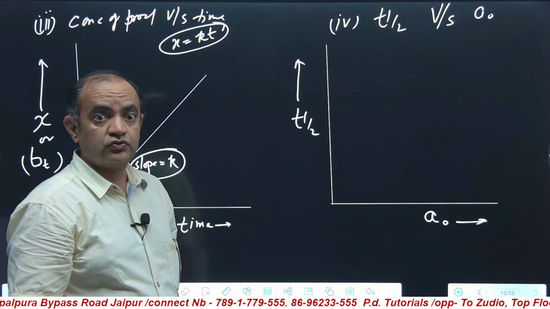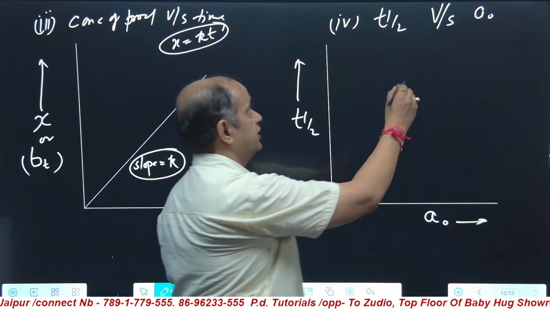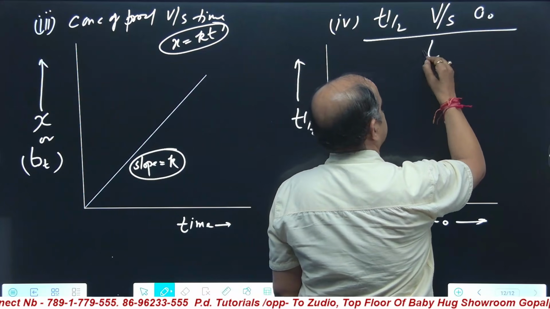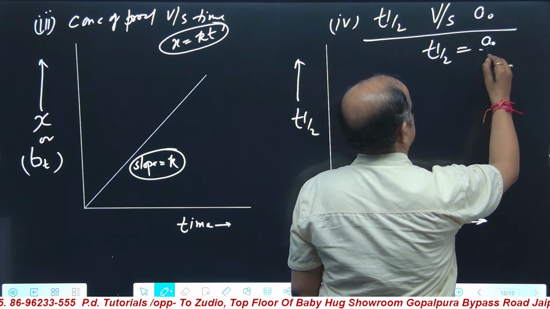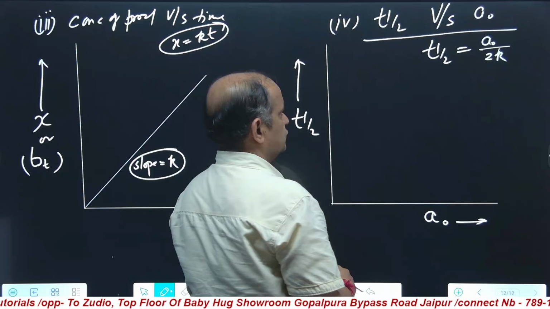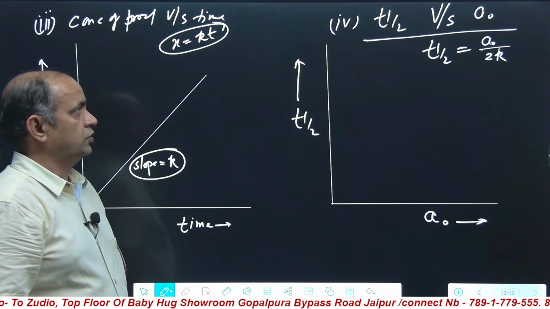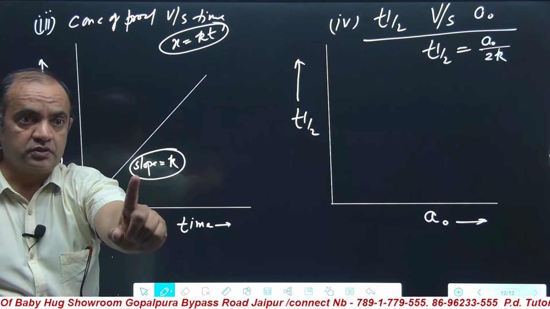T half equals to A naught by 2K. Yes. So again straight line equation. Start from origin.